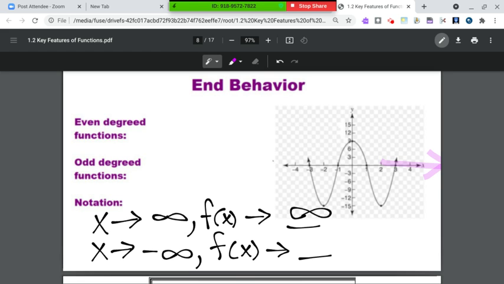Negative infinity? Okay, so this is as x approaches negative infinity, that's this way. Look at the end of the graph. Where is it going? Positive infinity. See how they're both heading up? Yeah. Okay, let's do another one.